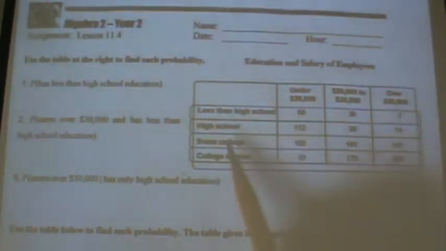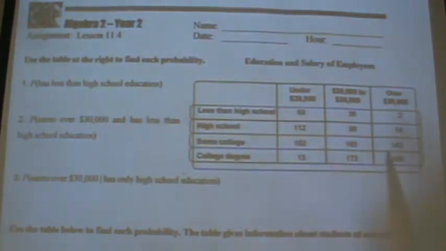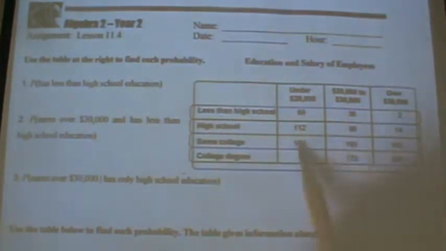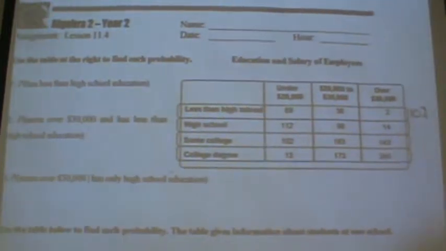So we're given this table and then we need to find the probabilities for 1 through 3. It may be helpful if you add across the rows to get your totals for each row first. So when you add across the top row that says less than high school education, you get 107. High school education, you get 224.